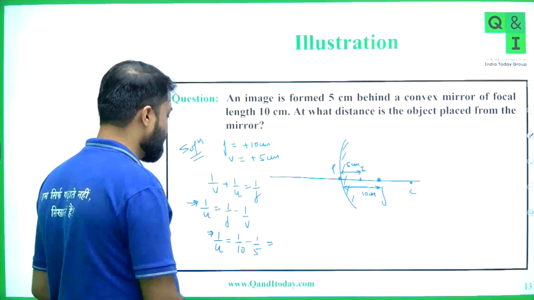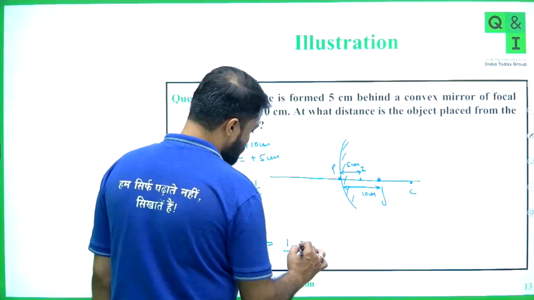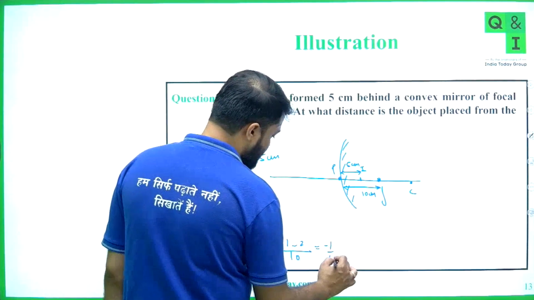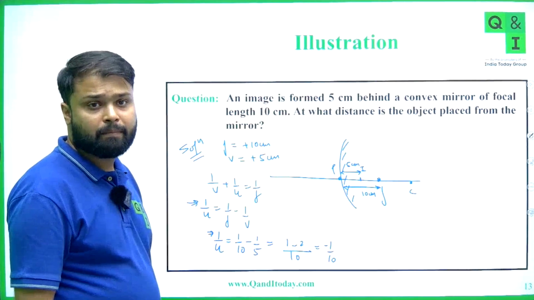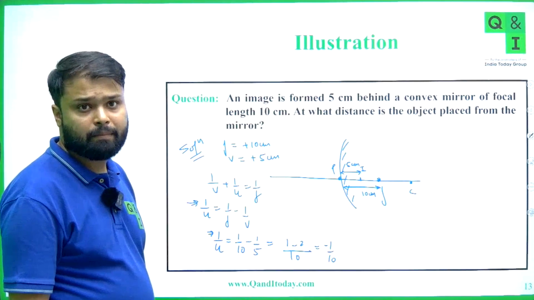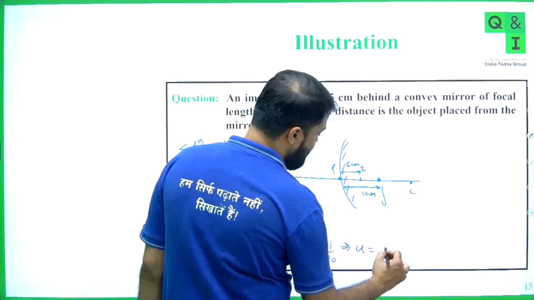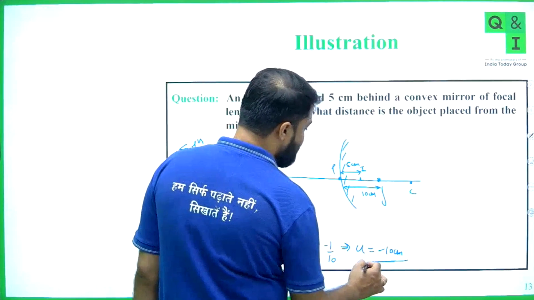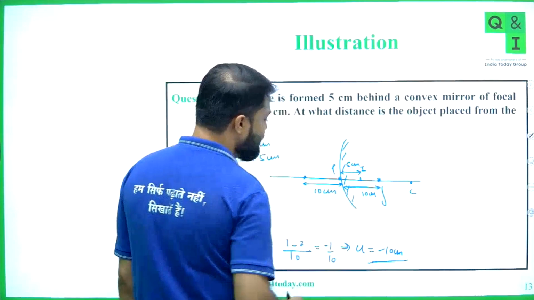Minus 10 centimeter. Okay, so LCM is 10. So 1 minus 5 into 2, that is minus 1 by 10. Please mute yourself. Okay, so u is minus 10 centimeter. That means the object is placed in front of the mirror at a distance of 10 centimeter from the pole.